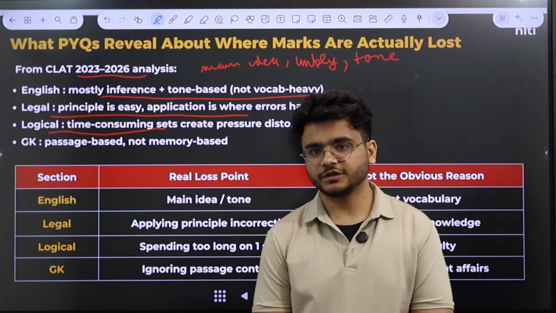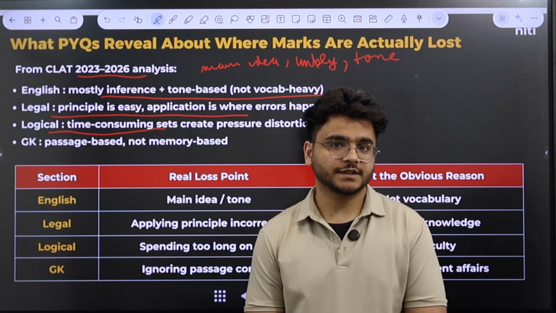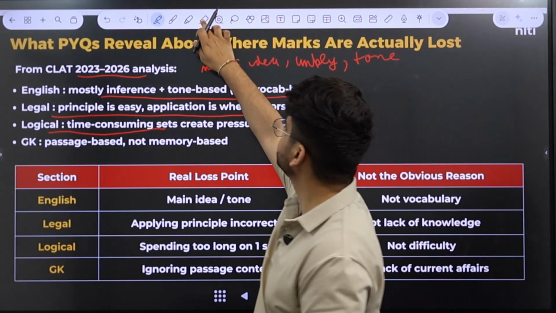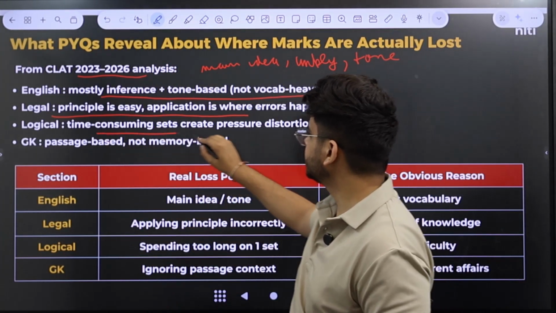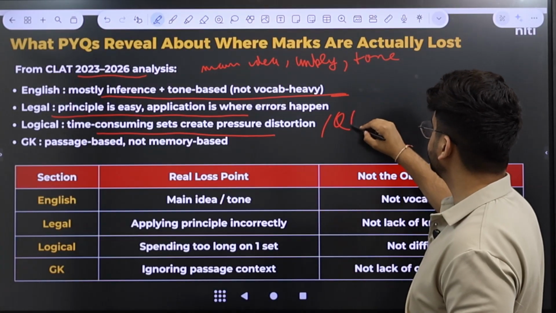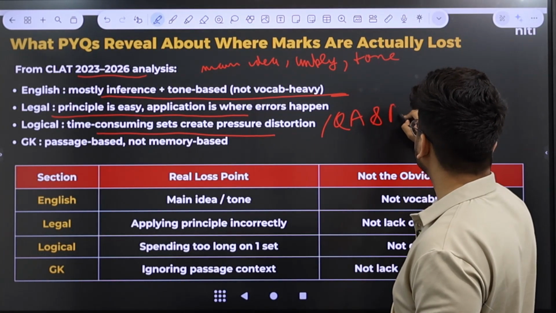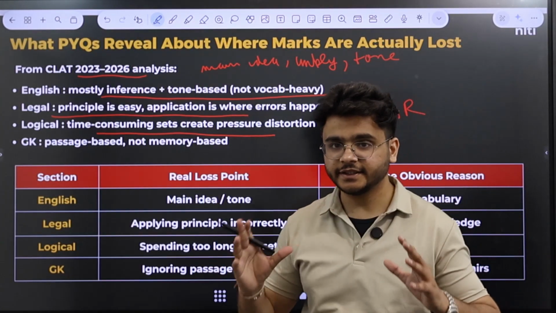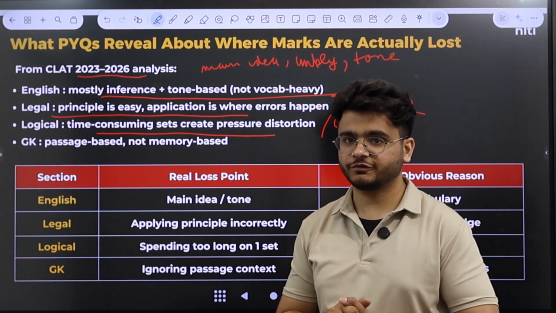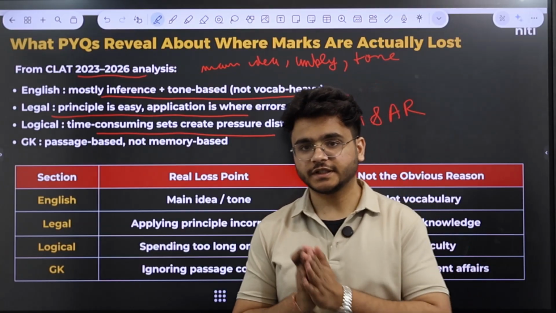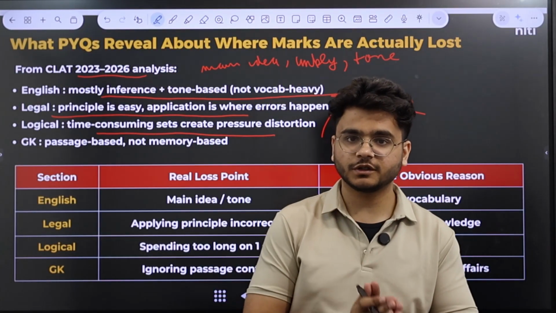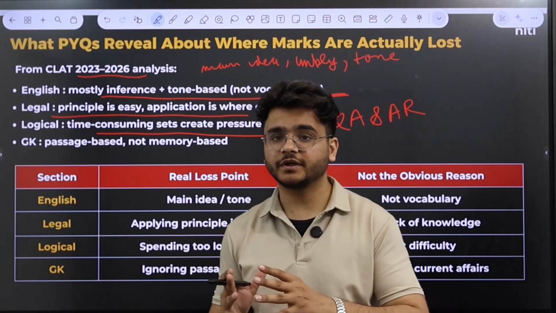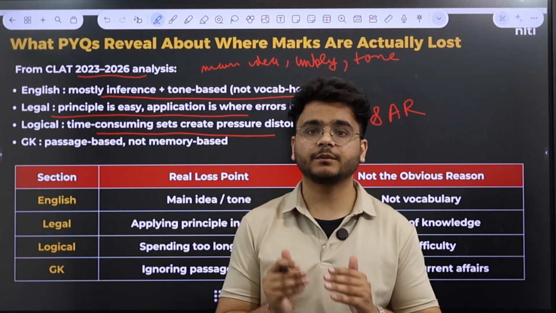Now if we talk about the logical section, CR, AR, QA, these three components form the core of your exam. That is when pressure gets to them because they haven't attempted enough questions in a timed environment.